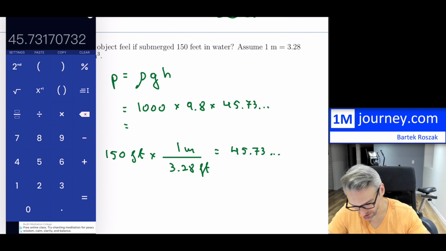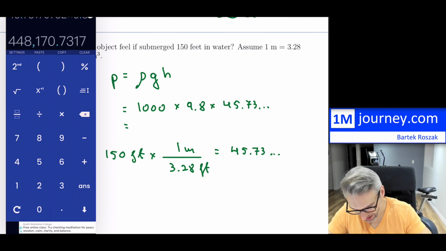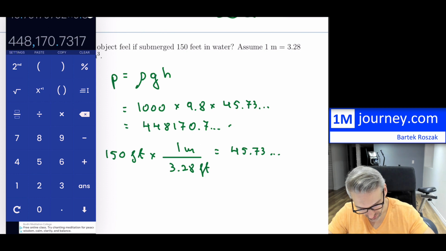So my answer times 9.8 times 1,000, and I get 448,107, etc. If you round this off, how many significant figures? 2, again. So this is going to be about 450 kilopascals.